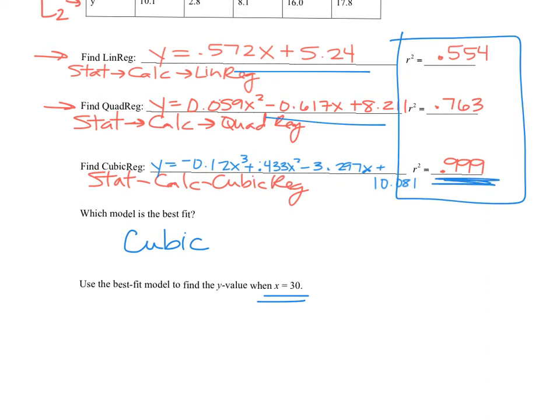So you're going to do when x is 30, so you're going to plug into your calculator, y equals negative 0.012. Sorry, did you write that down the way I wrote it down? Negative 0.012. My bad.